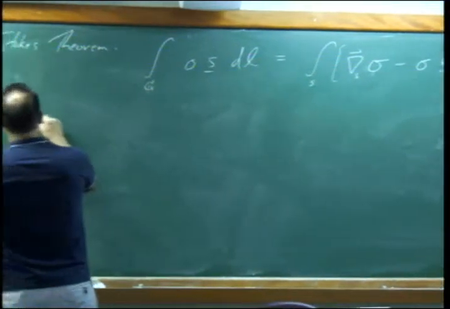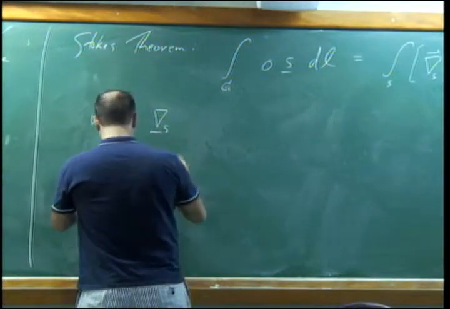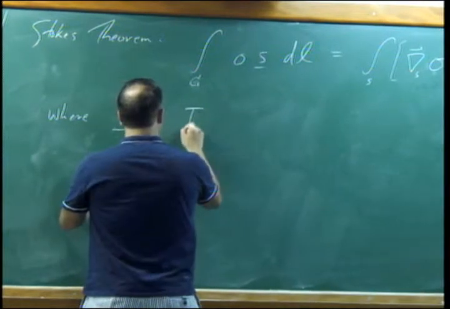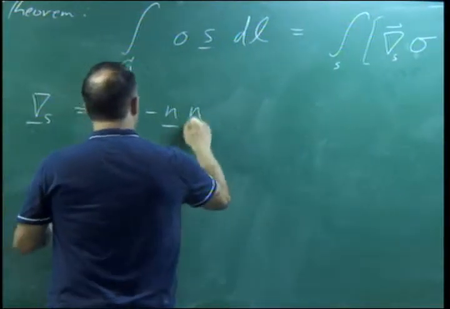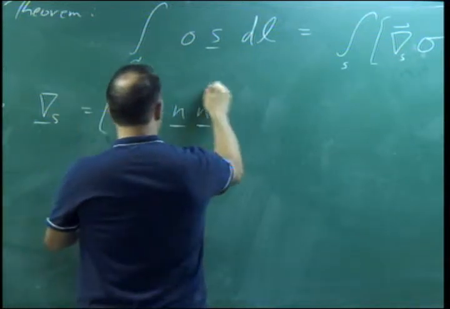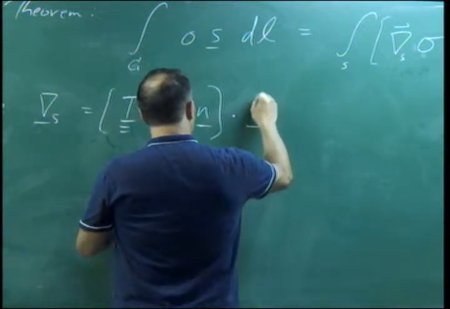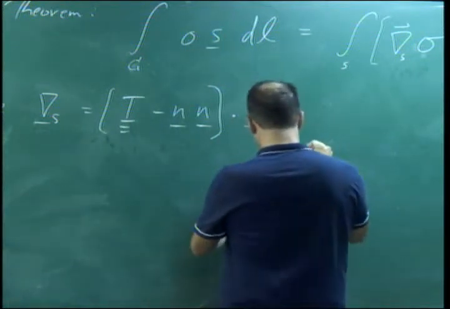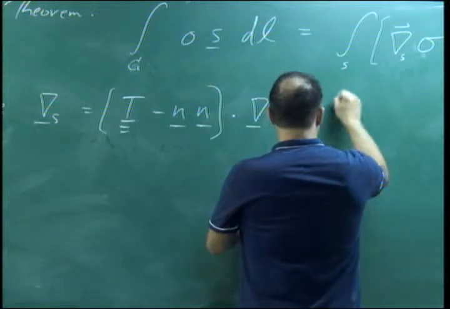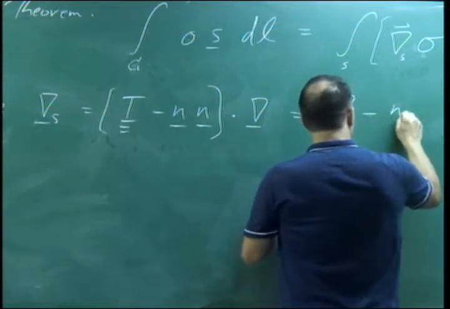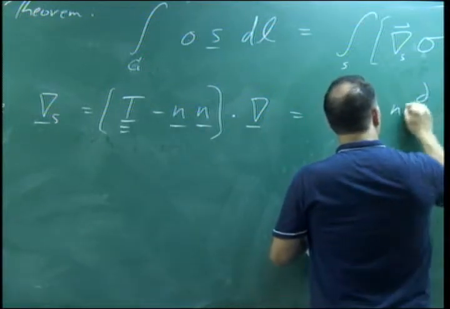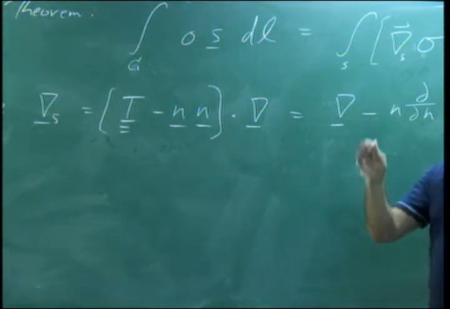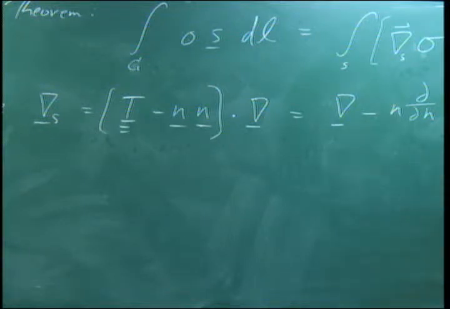Grad S equals the gradient operator with its normal component subtracted off. You're basically just subtracting off the component of the gradient which is normal to the interface. Okay?